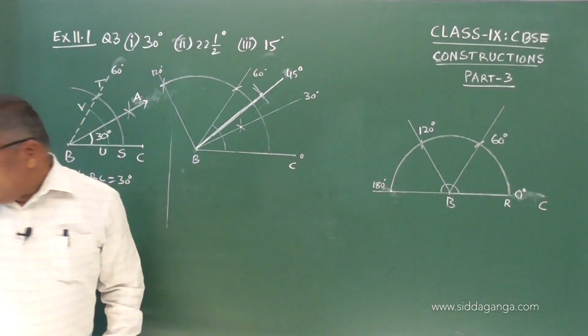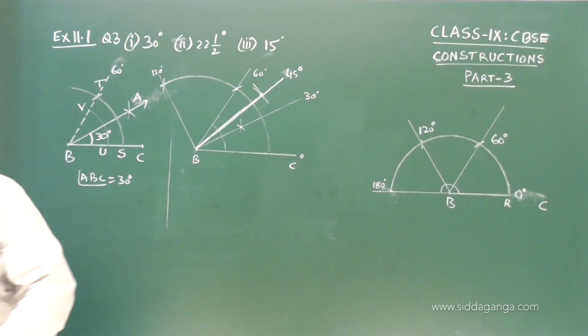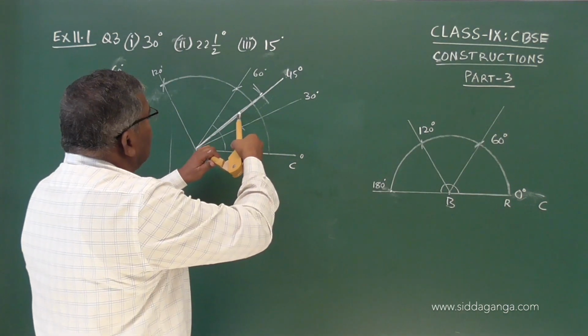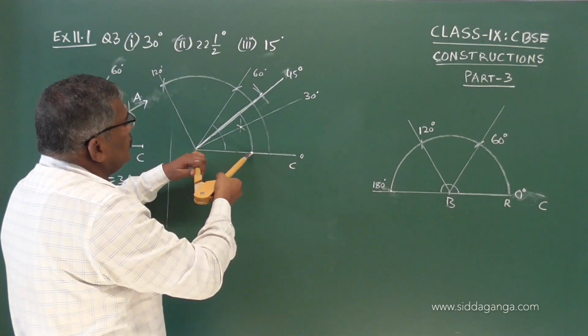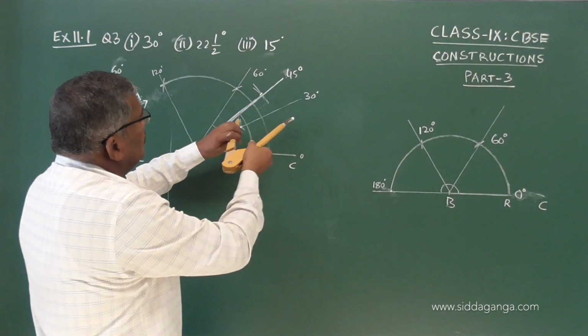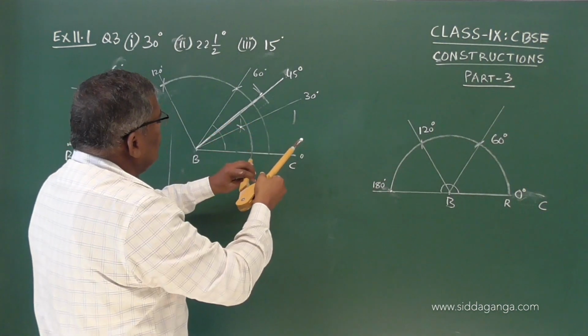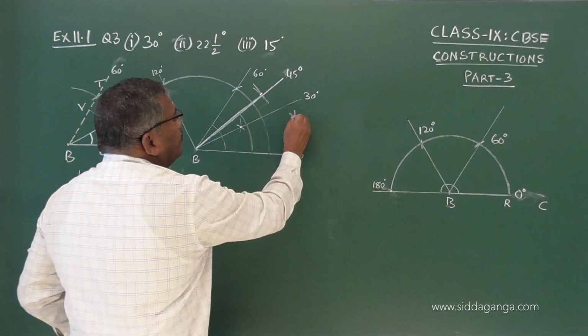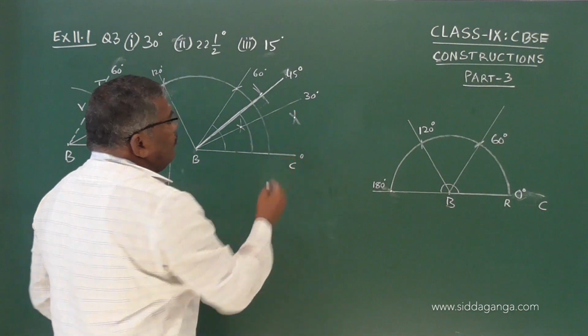So again you take some convenient radius between these two and cut at this point. So this will give you 22.5.